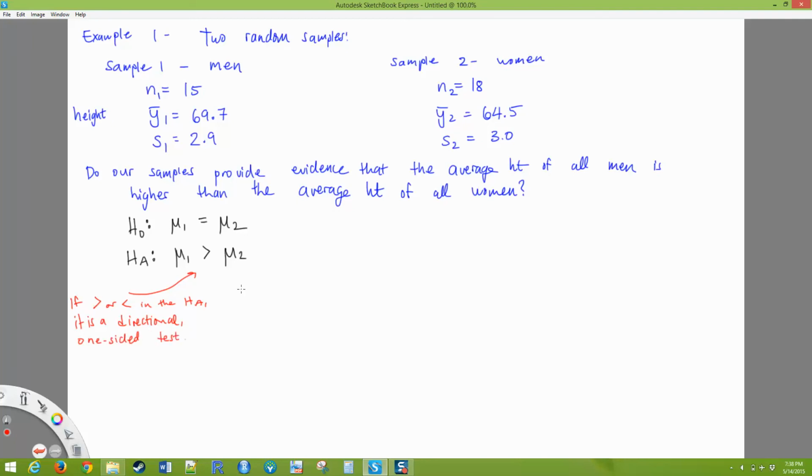And we'll do an example with a non-directional or two-sided test, and that's when you have the not equal sign. But if you have greater than or less than in the alternative, you have a one-sided test. Whenever you have a one-sided test, you have to do a common sense check for directionality.